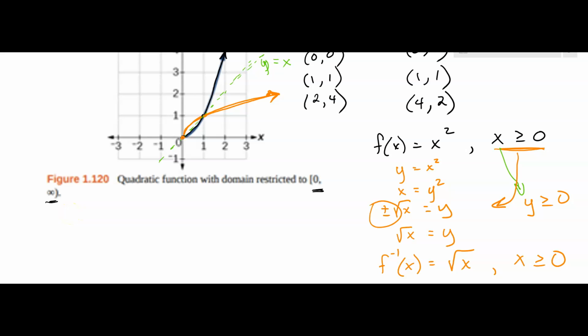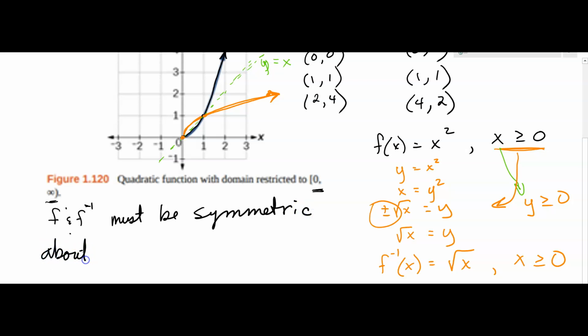So a function and its inverse must be symmetric about the y equals x line.